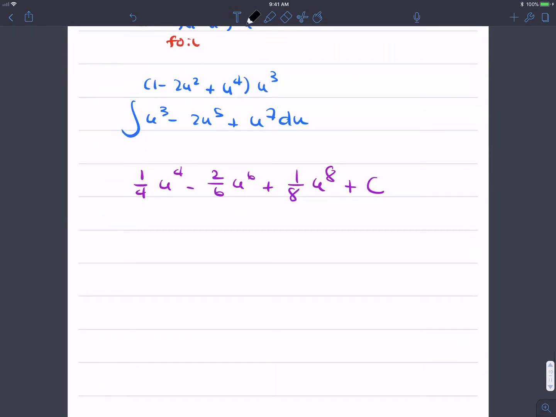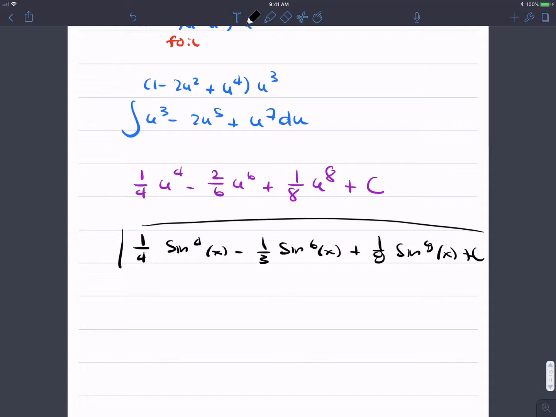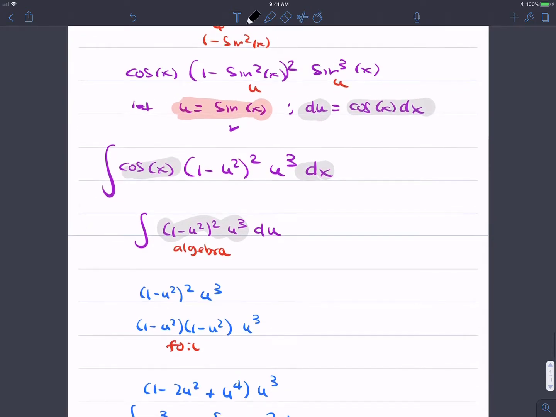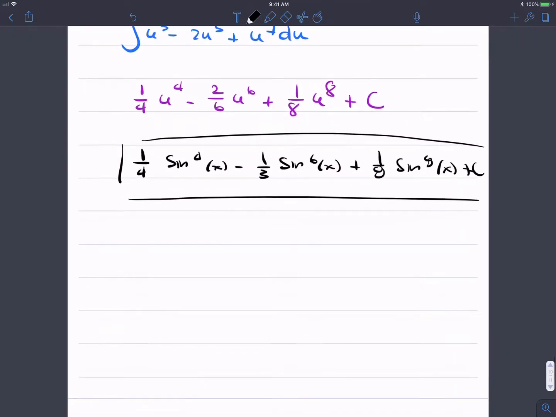So our final answer is going to be 1/4 sine to the fourth power minus 1/3 sine to the sixth power plus 1/8 sine to the eighth power plus my c. And that's pretty much how you integrate with these odd powers of sines and cosines.